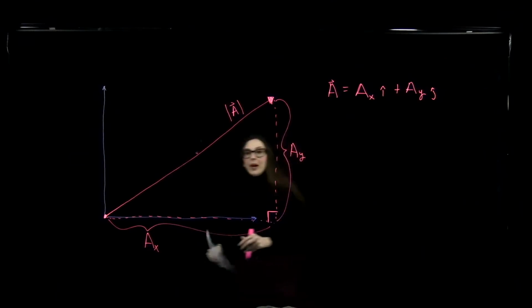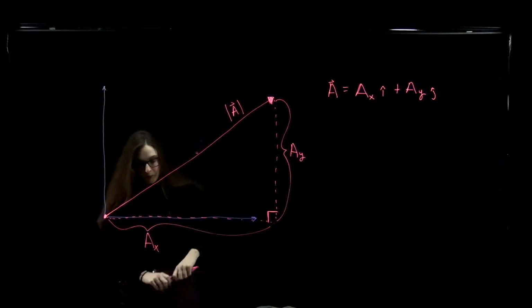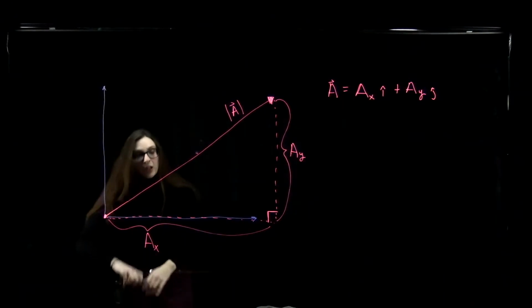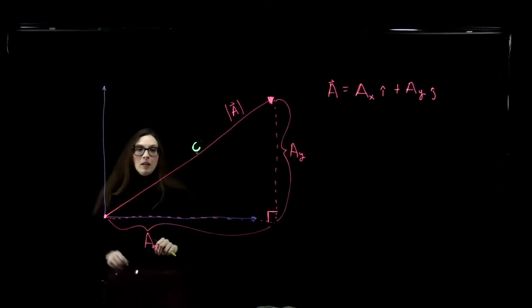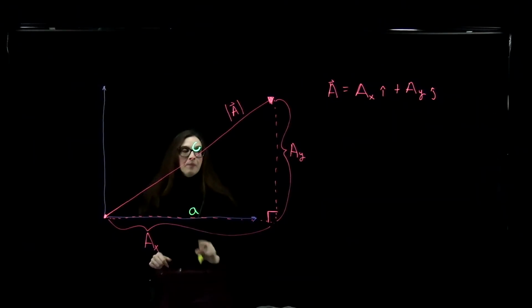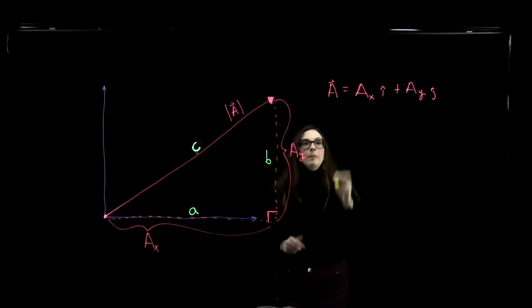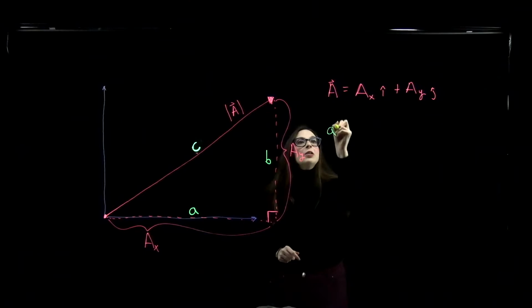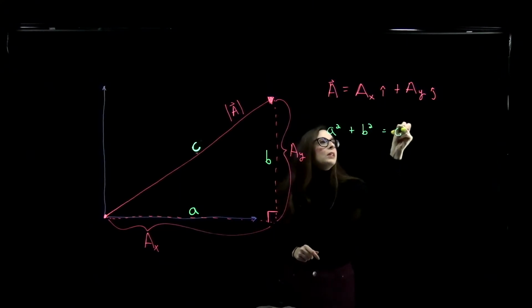And we can do that by using the Pythagorean theorem. I'm going to use a different marker. I'm going to call this side of my triangle the hypotenuse C. I'm going to call this leg of my triangle A. I'm going to call this leg of my triangle B. And with our Pythagorean theorem, a squared plus b squared is equal to c squared.